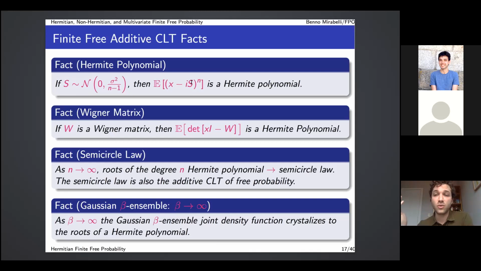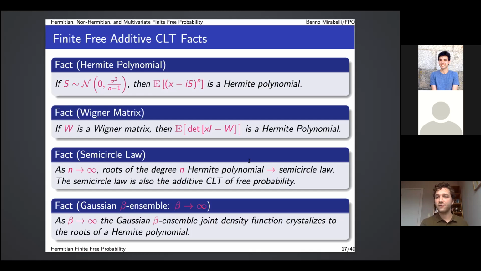It's related to random matrix theory because the expected characteristic polynomial of any Wigner matrix in random matrix theory is a Hermite polynomial. Also, it's related to free probability because if you look at the roots of a degree n Hermite polynomial, and you let the degree go to infinity, then the distribution of those roots converges to the semicircle law, which is the additive central limit theorem of free probability.